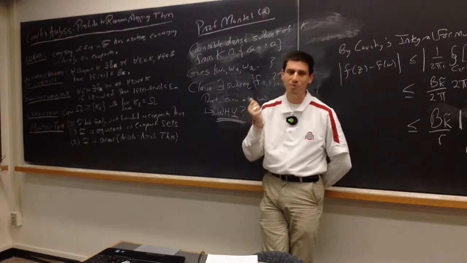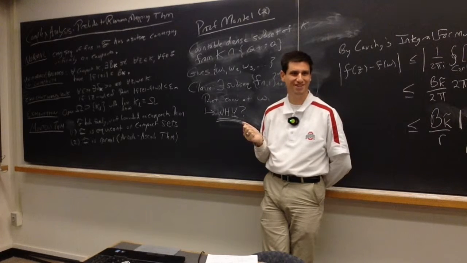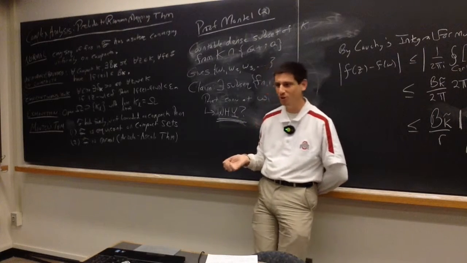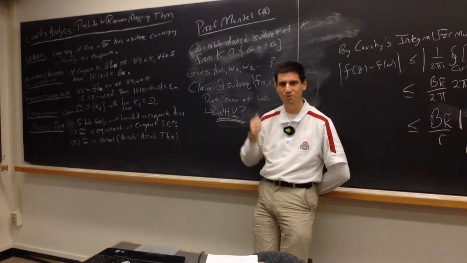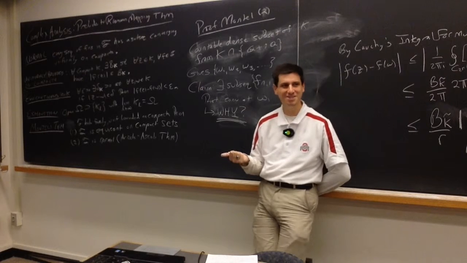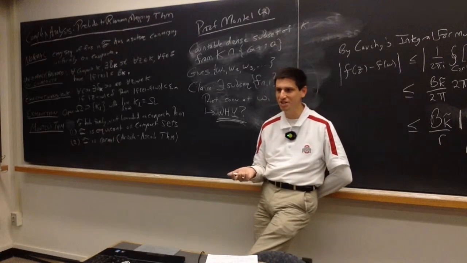There was yet another property of compact sets that was mentioned earlier, that I poo-pooed earlier. I might have been overly condescending. It's going to be useful now. So we've done: any open cover has a finite subcover.